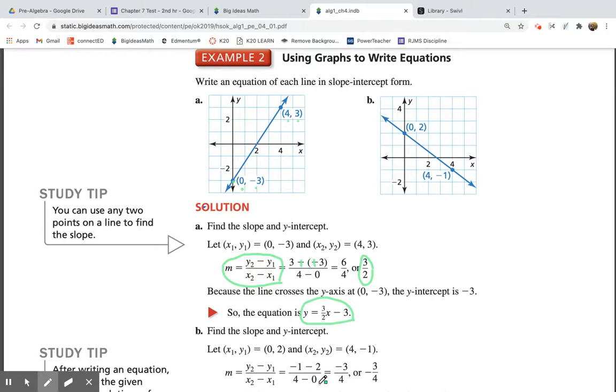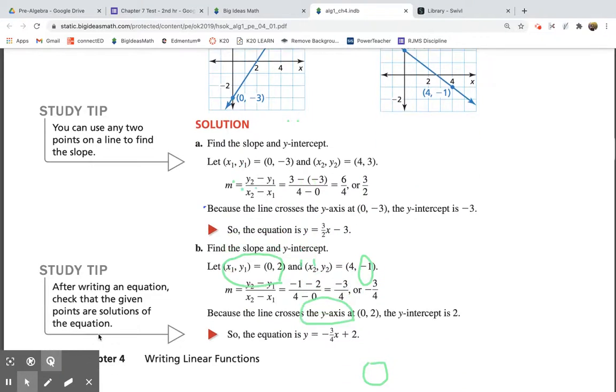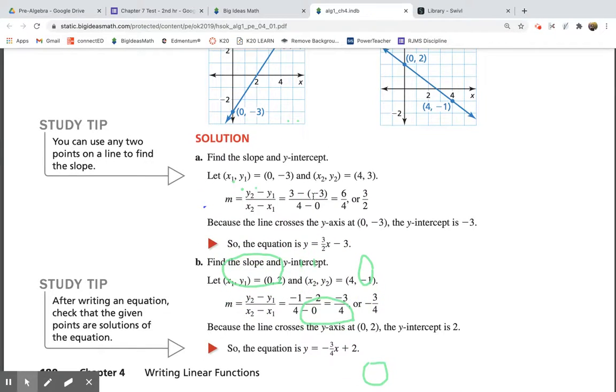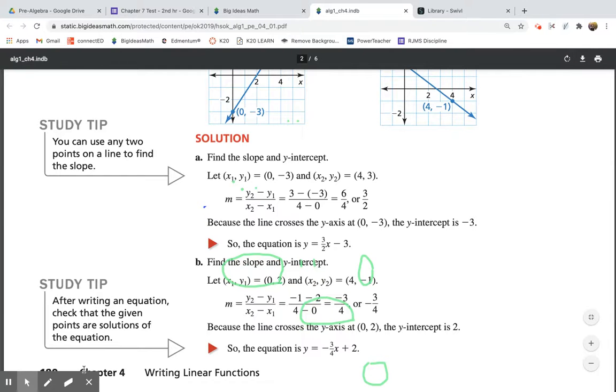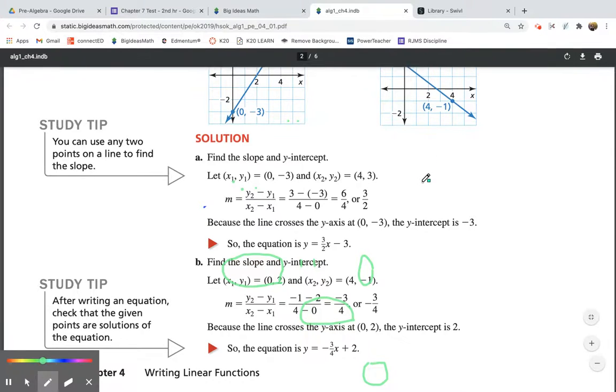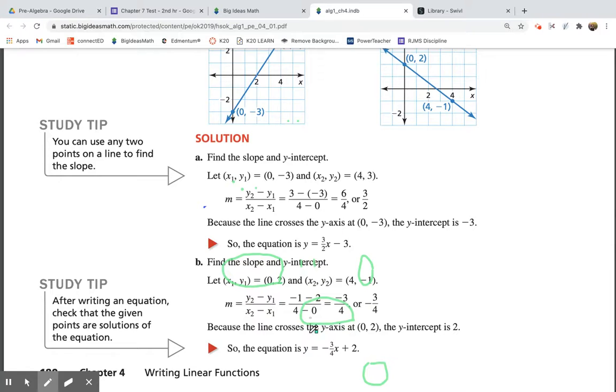I maybe said that first part wrong with the y's, but you get it. Over 4 minus 0. So -1 minus 2 is -3. 4 minus 0 is 4. So -3/4. Okay, then we go back. It crosses the y-axis at 2. So we have y equals -3/4 x plus 2.